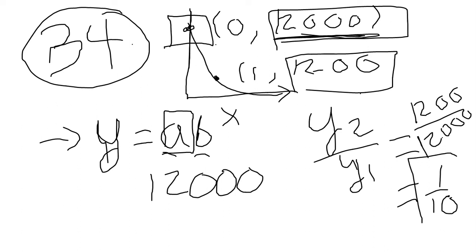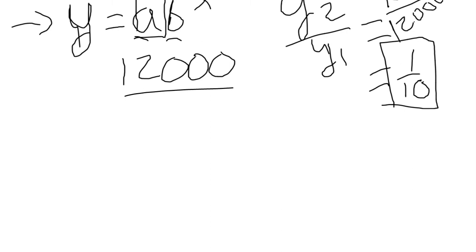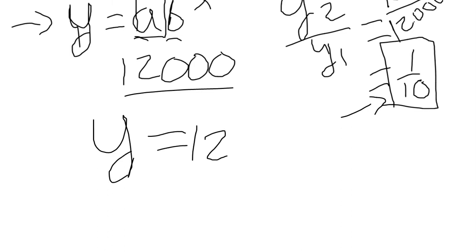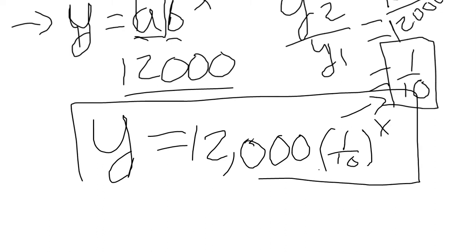So b is this value here of 1 over 10. So now we have everything we need to write our equation out. We've got our a value of 12,000 and our b value of 1/10. So simply our equation is just y equals 12,000 and then in parentheses 1 over 10 raised to the x.